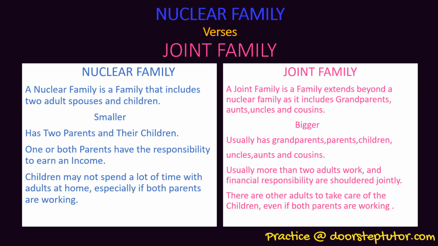When it comes to size, nuclear family is quite smaller, and obviously the joint family is bigger in size. In nuclear family, it has two parents and their children. Okay? Whereas in joint family, there must be grandparents along with different kins.